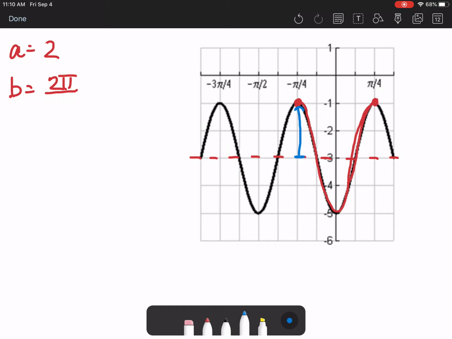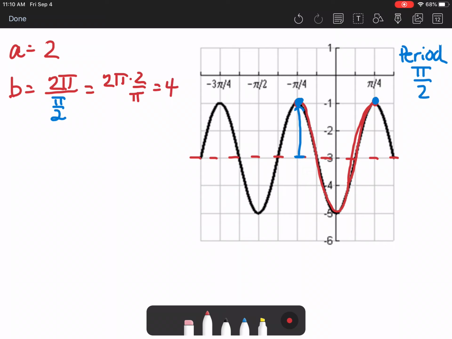Well, I went from -pi/4 to +pi/4. Okay, so the period of this graph that we're looking at here is pi/2. So we're going to take that period and divide it by our parent. Okay, and if we are dividing, that is actually, right, we're multiplying by the reciprocal. And so we end up with 4.